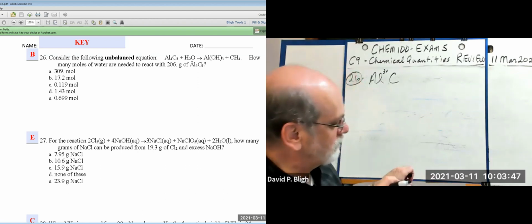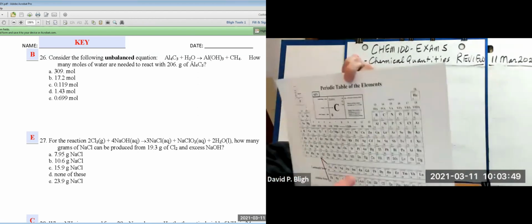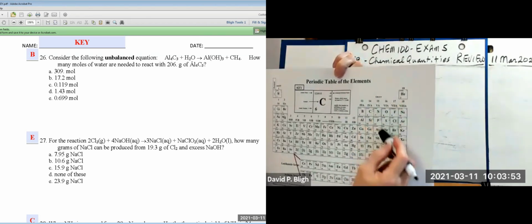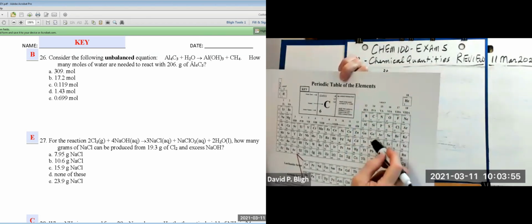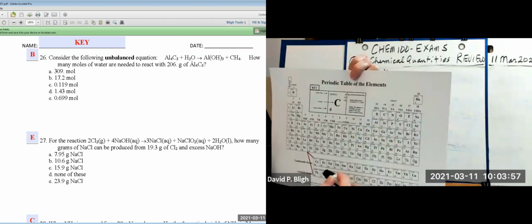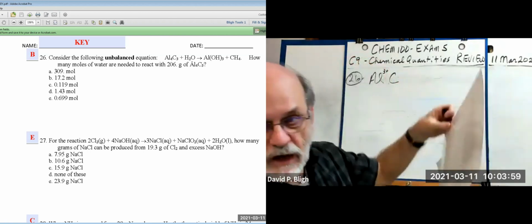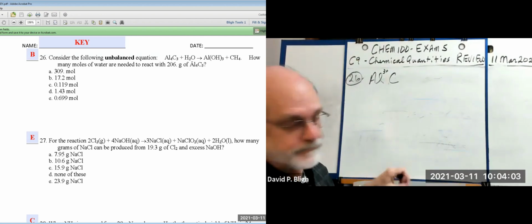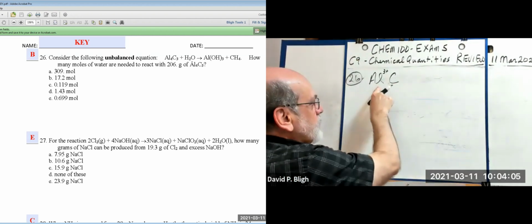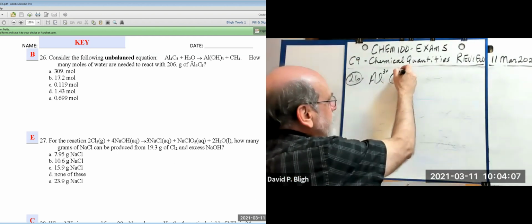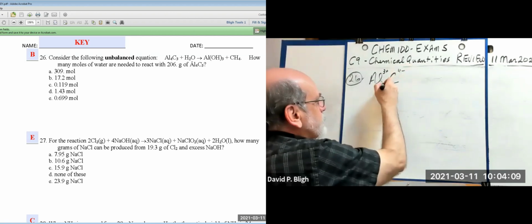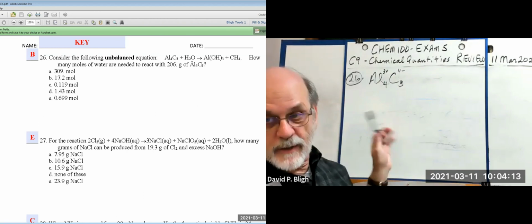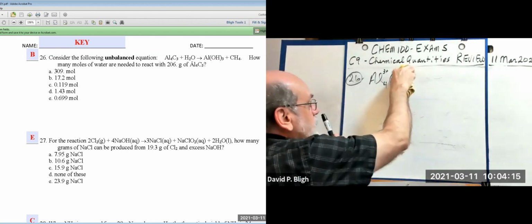If you move from right to left, halogens are -1, chalcogens are -2, pnictogens are -3, carbon family would be -4. Under these circumstances, when it's in an ionic compound like that, aluminum carbide means 4-, which means 4 here, 3 there. So that's where the formula comes from for aluminum carbide.